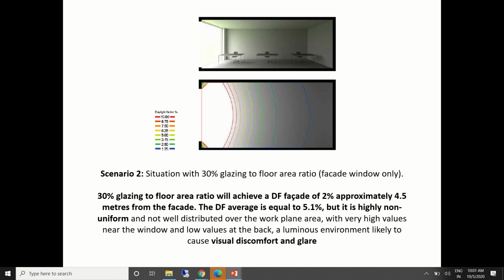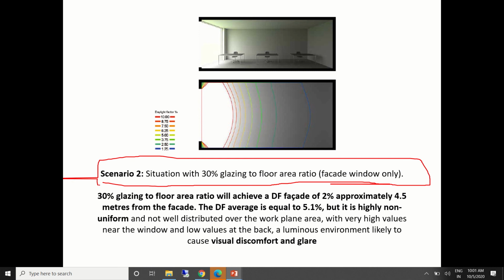Same thing in the second condition, where 30% glazing is added. 30% of the floor area ratio is taken as a facade window. So 30% glazing to floor area ratio will achieve a daylight factor of 2% approximately 4.5 meters from the facade.